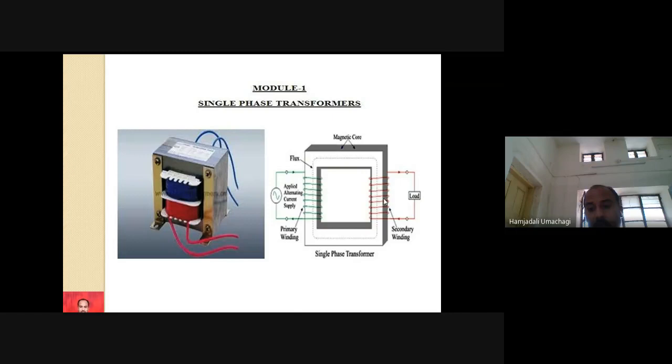Both these are electrically separated, because the secondary winding is separated from the primary winding. But see, what is the common path here? The common path between primary and secondary winding is this iron core. Yes or no?